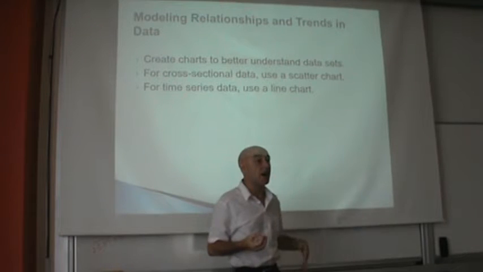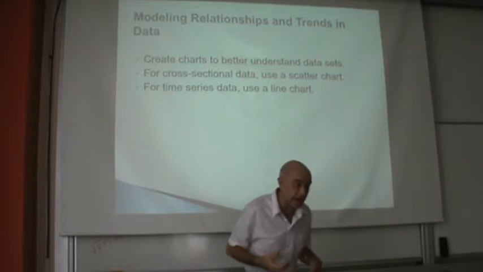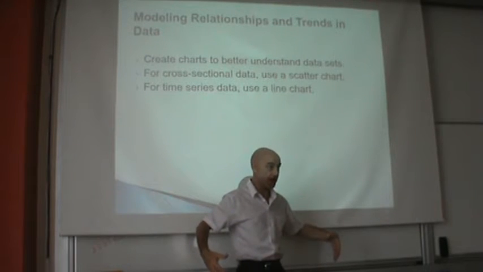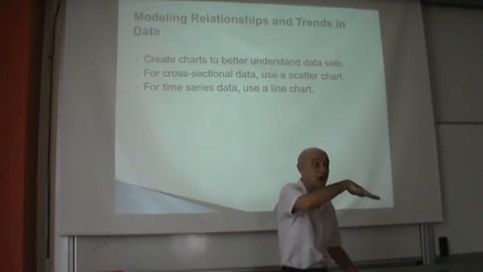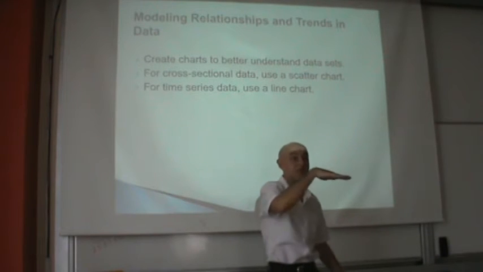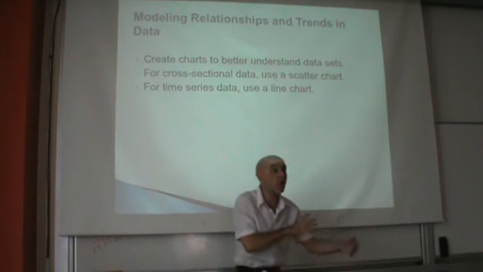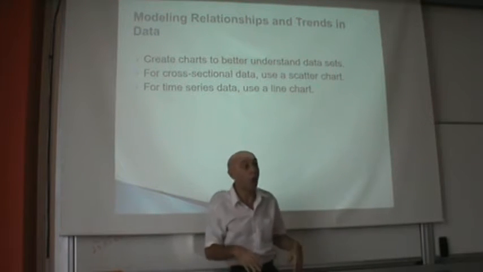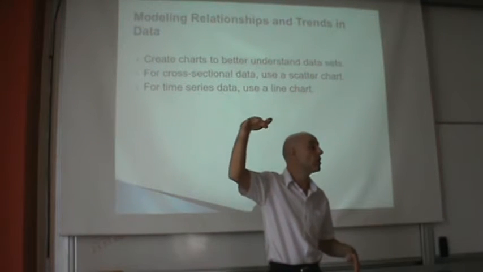Okay? You want to see if, let's say, obesity, the percentage of people over time, is going up, up, up, or stays flat. Or, again, blood pressure, or the overall economy.